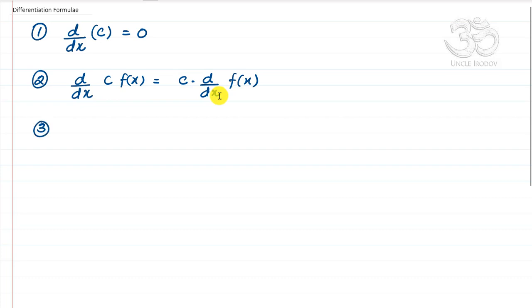Then suppose you have d by dx of x raised to the power n, and this is something that you know. Tell me. n times x raised to the power n minus 1.